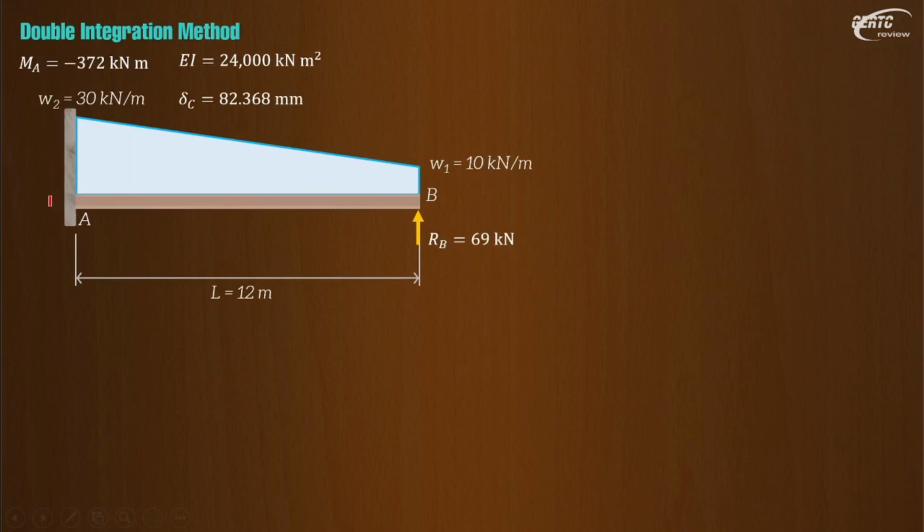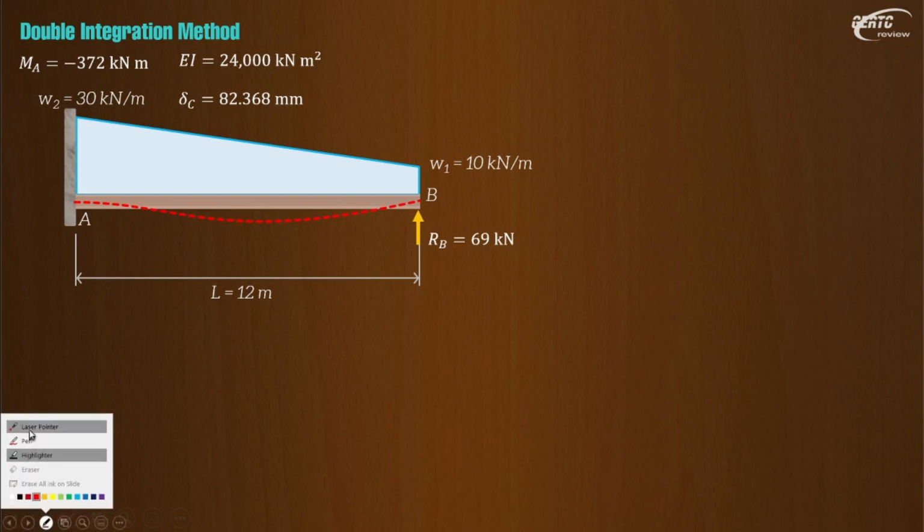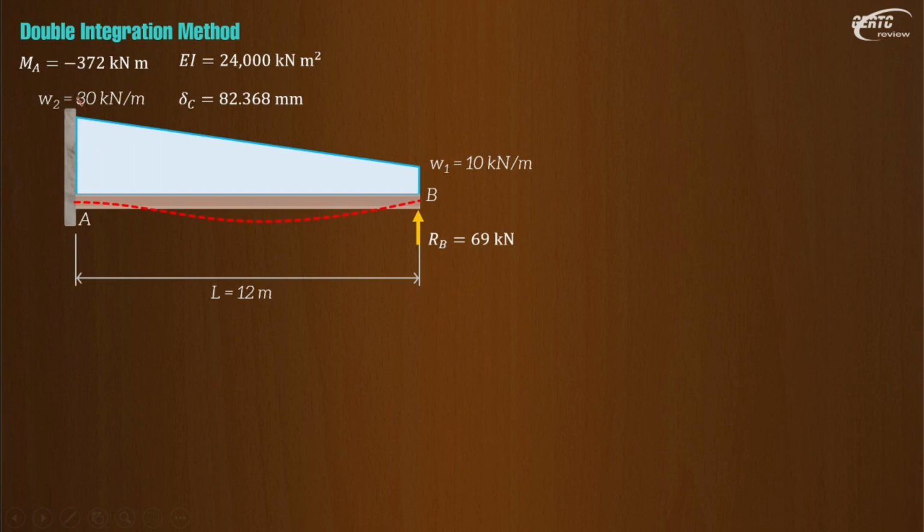Now, you have two ways to do this. Of course, this is our elastic curve. You have two options regarding your reference point. You can put the origin here at A, so that this will be your y-axis and your x-axis like this. Meaning, you solve the moments looking to the right at the left side.